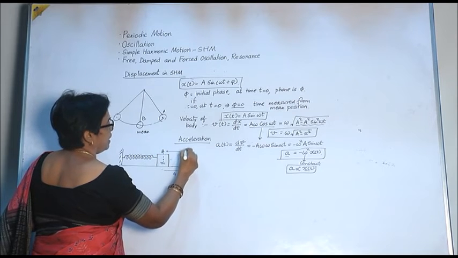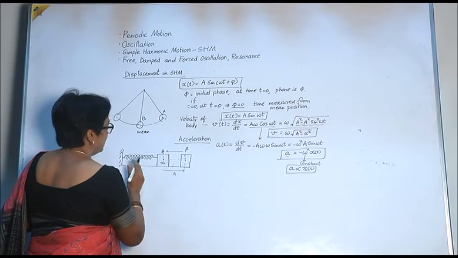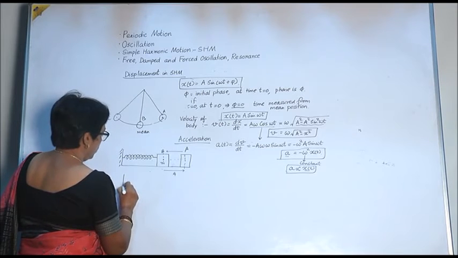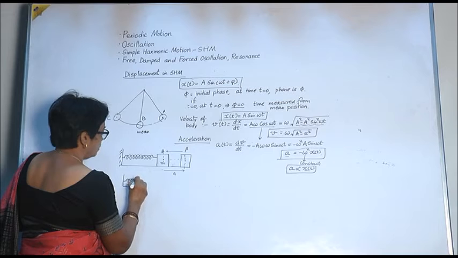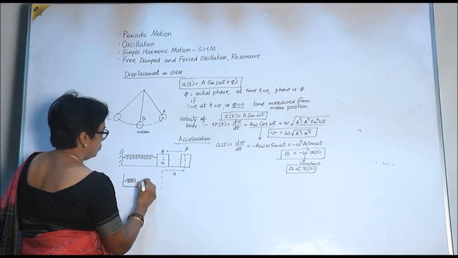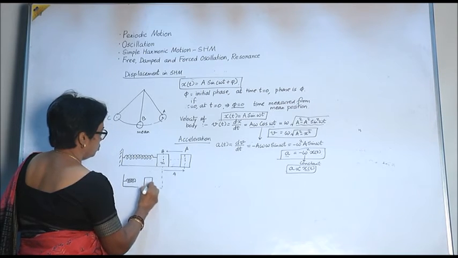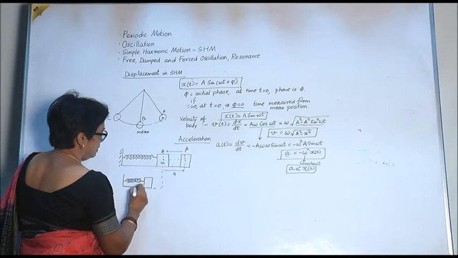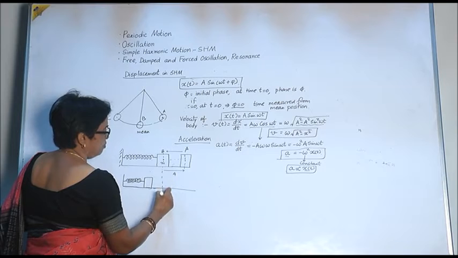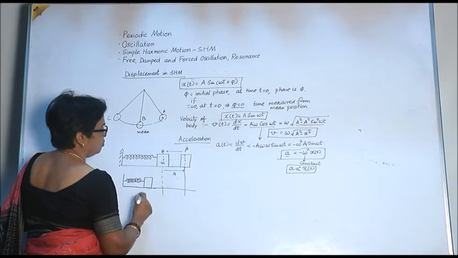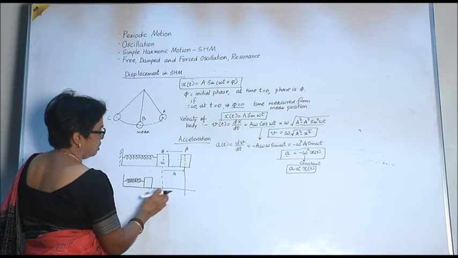This is my A position, and at some point the spring will be compressed and the mass comes to some position here. This is the other extreme position, and this is the mean position. I am not drawing to scale, this should be equal to this.